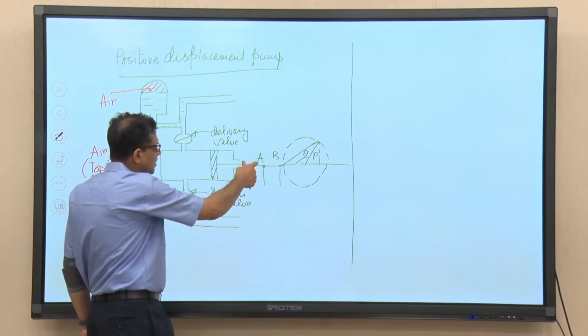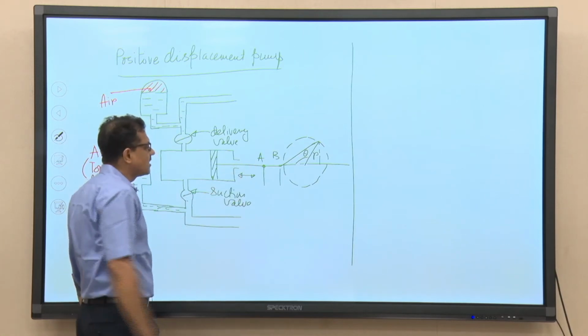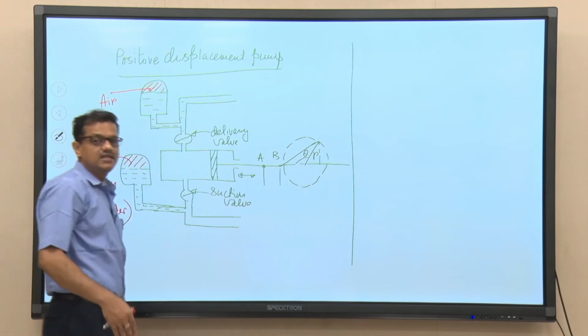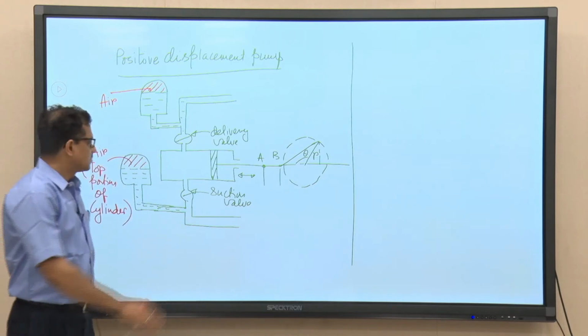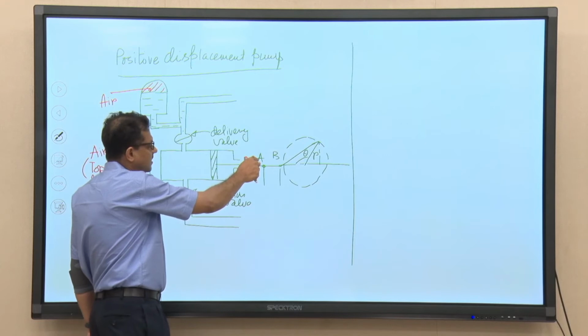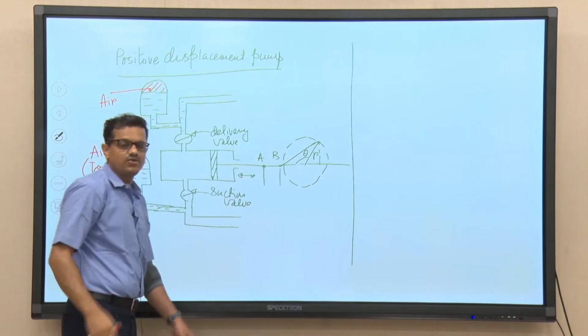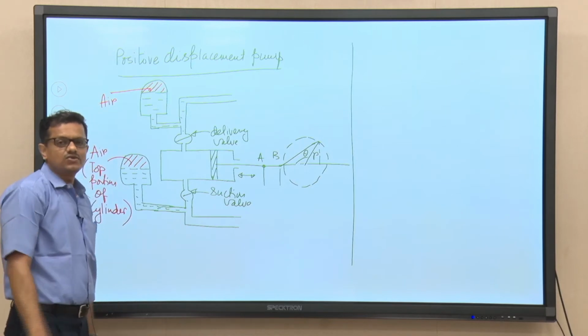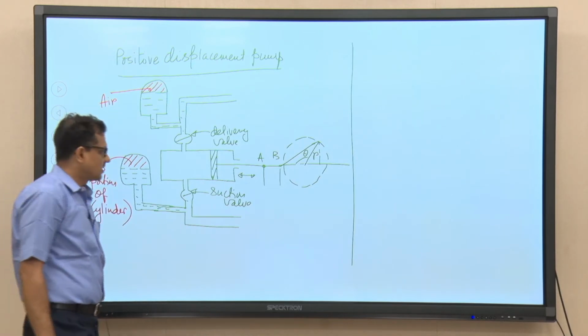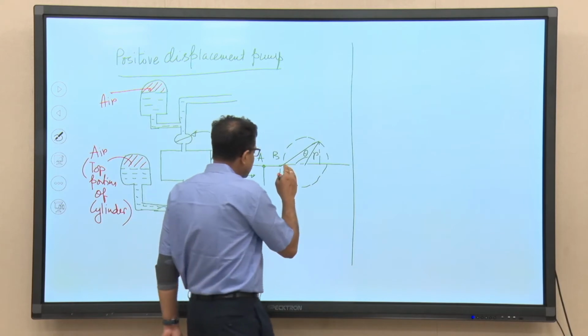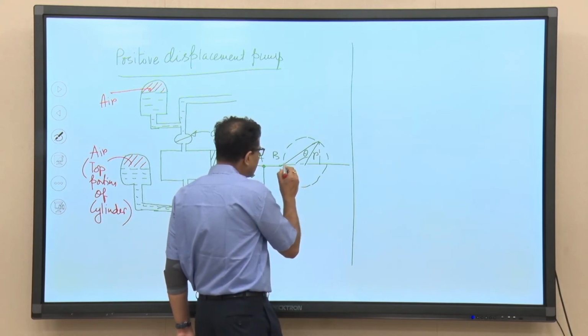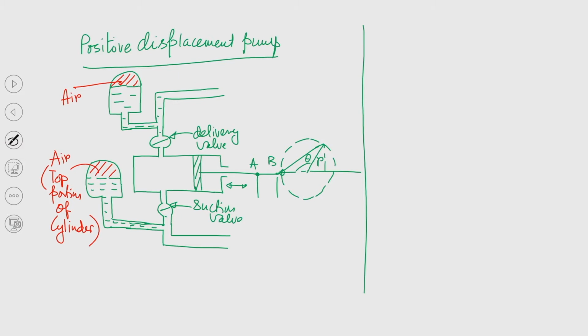Initially the piston is at A and finally it goes towards B at the end of the suction stroke. At the beginning of the suction stroke the piston is at A, and the final location is B. You can see the crank was initially at this location, and it has traversed an angular displacement theta and moved to this location.